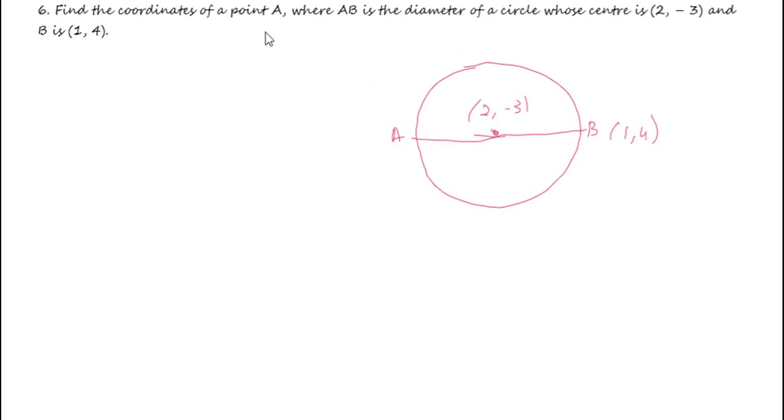You have to find the coordinates of point A. So let us take this as x, y. AB is the diameter, O is the center, so AO equal to OB.